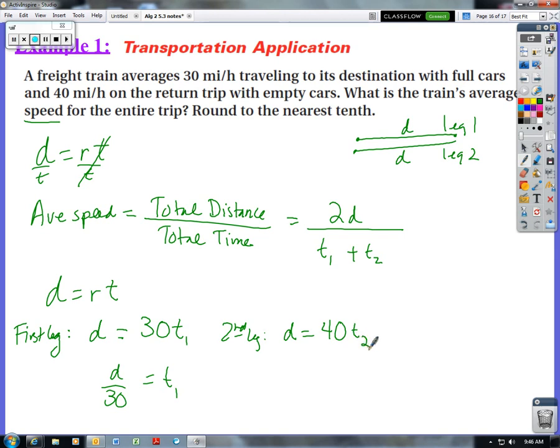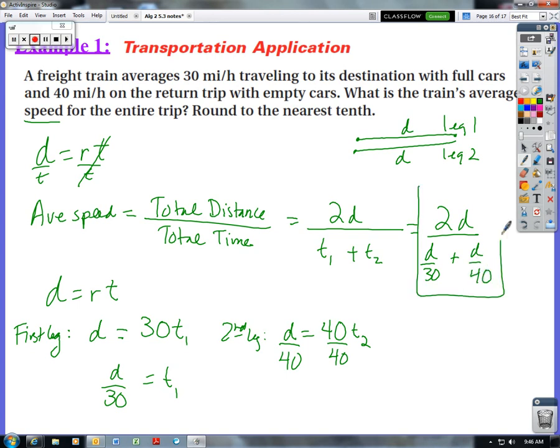So if you divide both sides, you're going to get d over 40 is time 2. So that means this formula becomes 2d over time 1, which is d over 30, plus time 2, which is d over 40. All that work just to get to this formula. And then we get to simplify the formula.